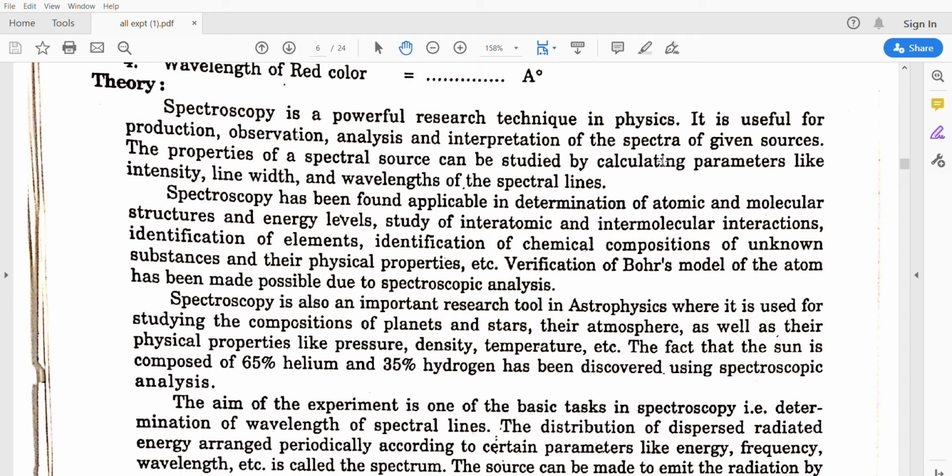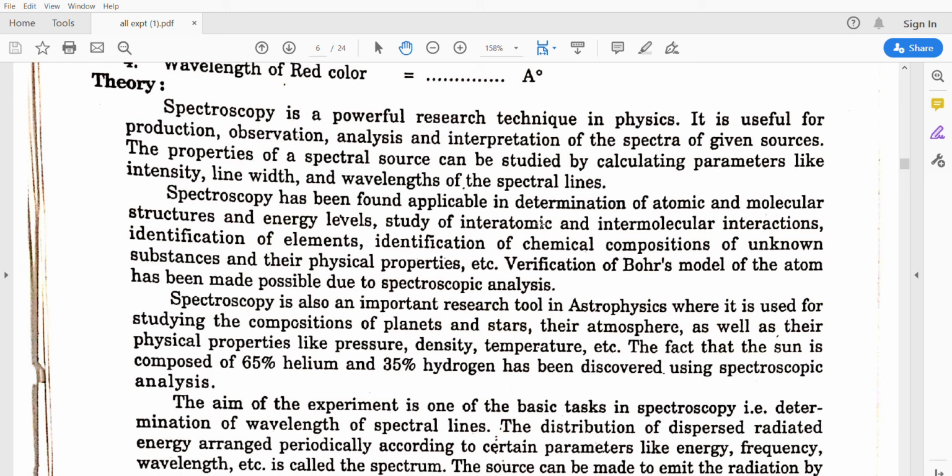The properties of the spectral source can be studied by calculating parameters like intensity, line width and wavelength of the spectral lines. Here we focus the white light on the grating and observe the colors. Those colors have particular intensity, line width and wavelengths, which can be observed.